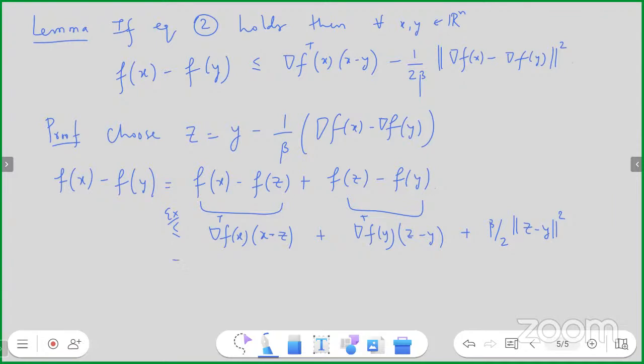Can I write this as del f of x times x minus y? To do that, what do I need? I'll combine these things. Okay.